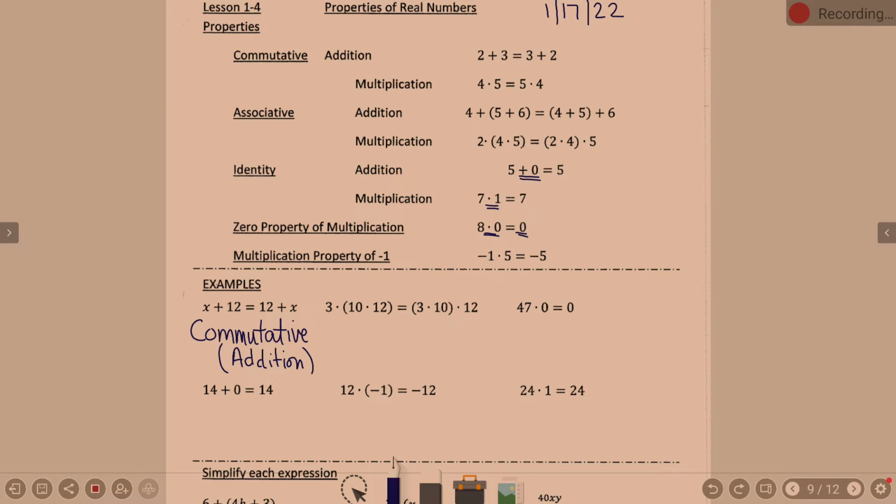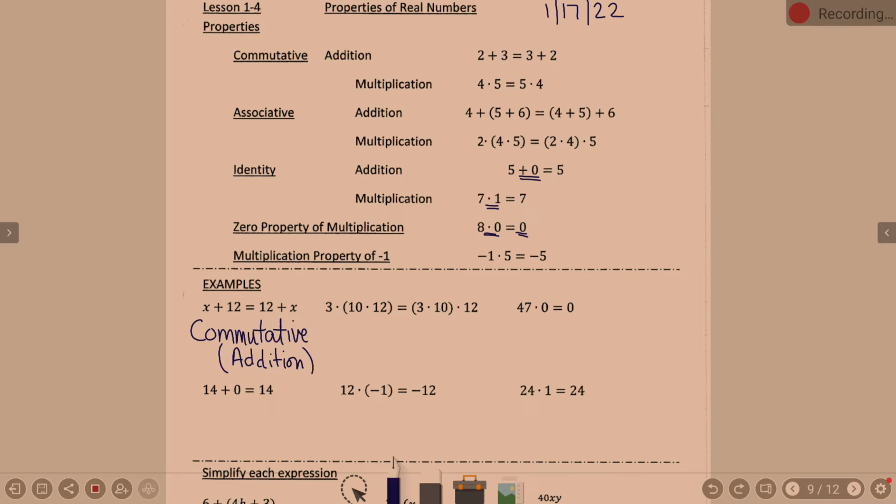Next one. 3 times 10 times 12 in parentheses is equal to 3 times 10 in parentheses times 12. Isn't that commutative? Isn't that the first one? So I can't say which one has parentheses because it won't always work out that way, but what did I say about associative?